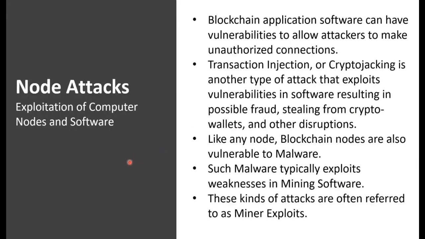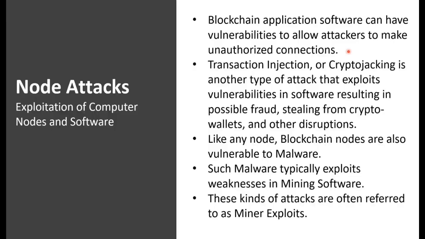Blockchain application software can also be vulnerable to attackers. Vulnerabilities in the software application may allow attackers to make unauthorized connections. Software is very complex. There are a lot of lines of code in many applications, including blockchain applications, and there will be vulnerabilities.